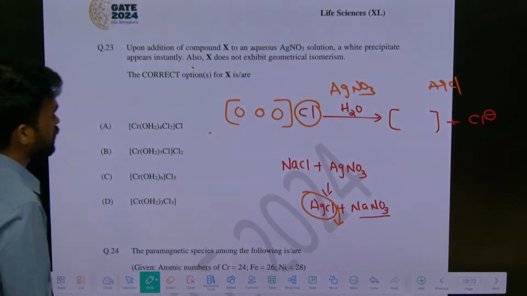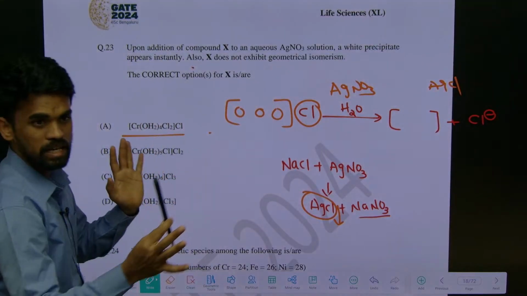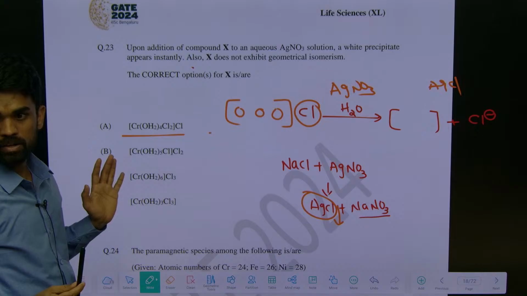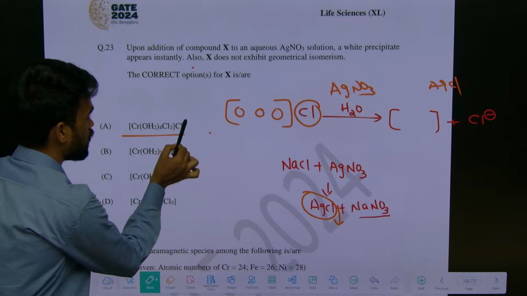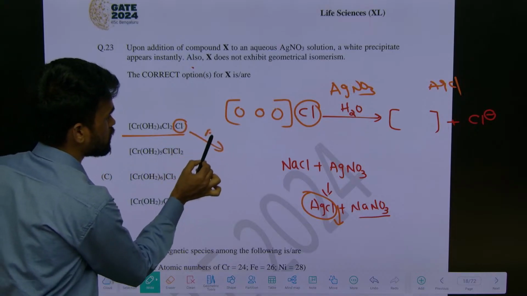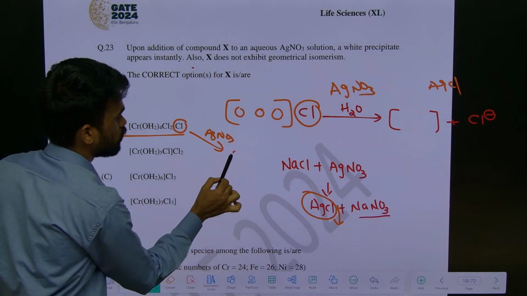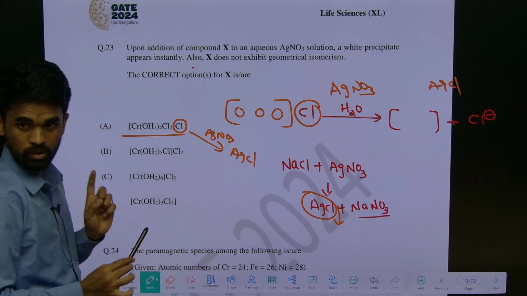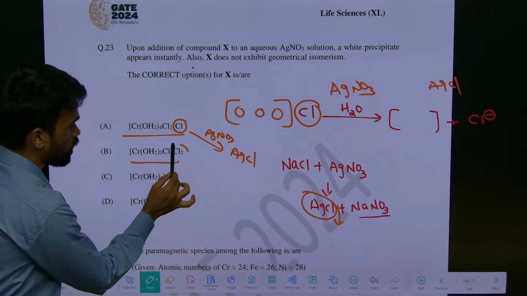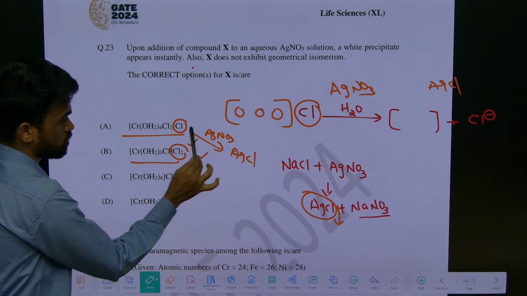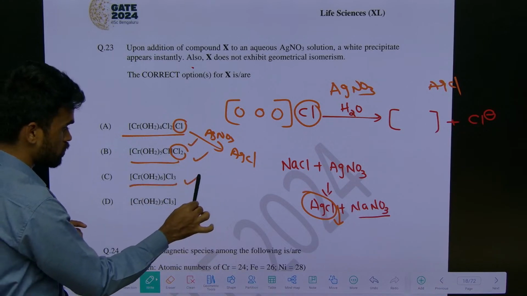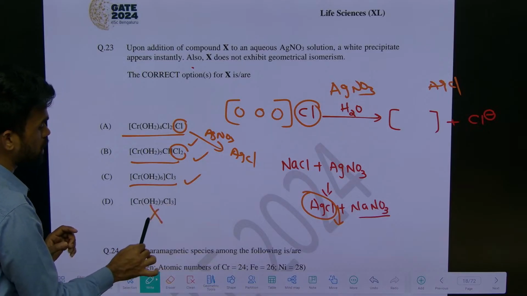Now tell me, will the first complex instantly give a precipitate with AgNO3? Yes, because we have one chloride ion, and upon treating with AgNO3 we get an AgCl precipitate. The second option also has two chlorides, so yes, it also gives. The third option also gives. The fourth option, no. So we have eliminated one option.